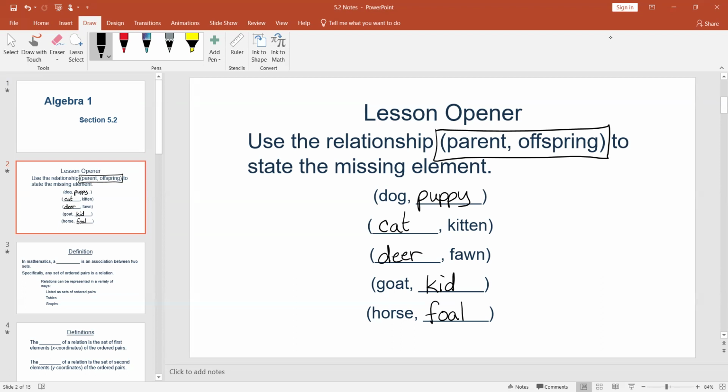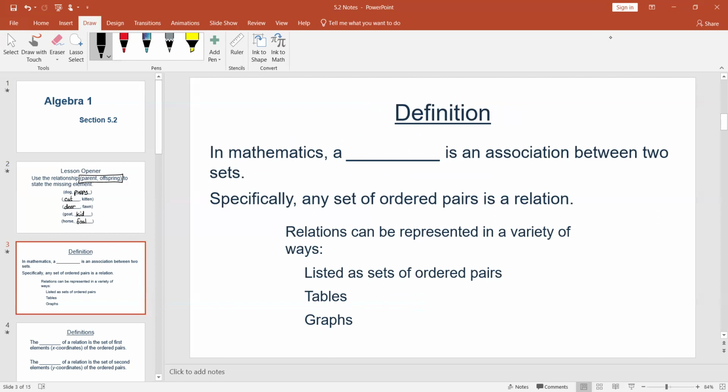So I want you to think of the parent as independent. A dog is always going to have a puppy. A cat is always going to have a kitten. So Y is dependent on what X is. We're going to talk about how X is always your independent variable and Y is always your dependent variable.